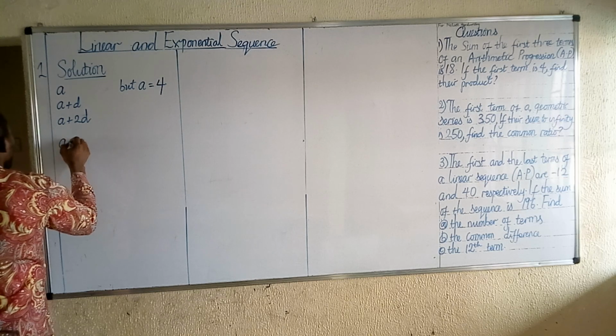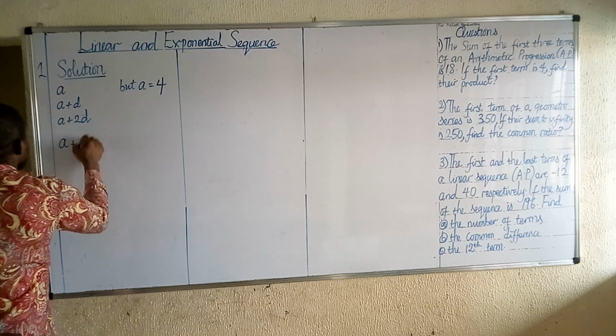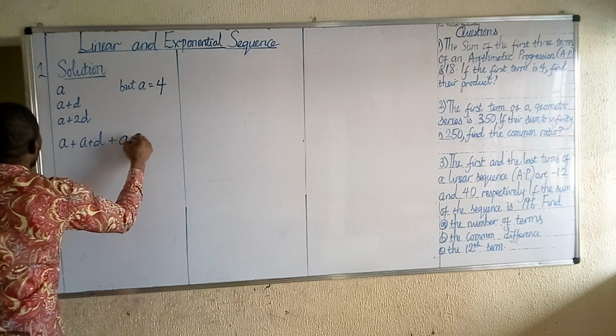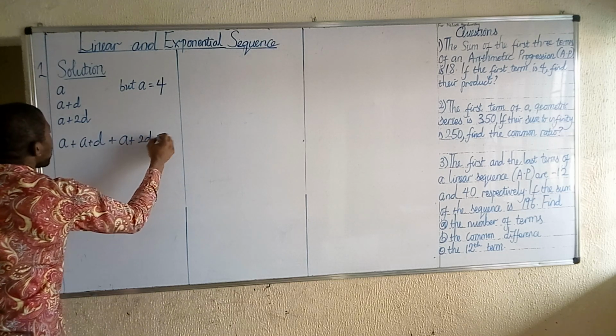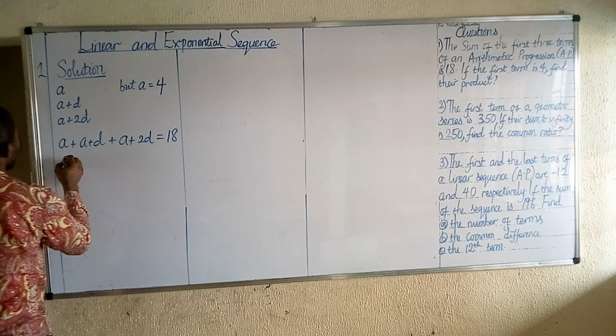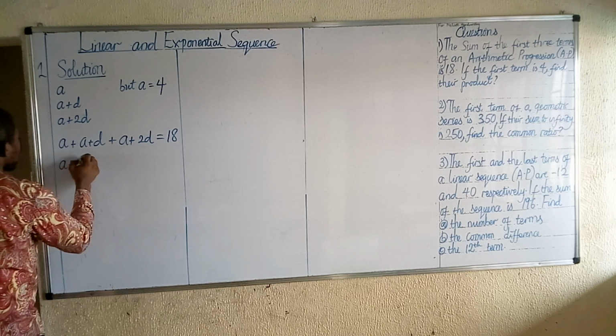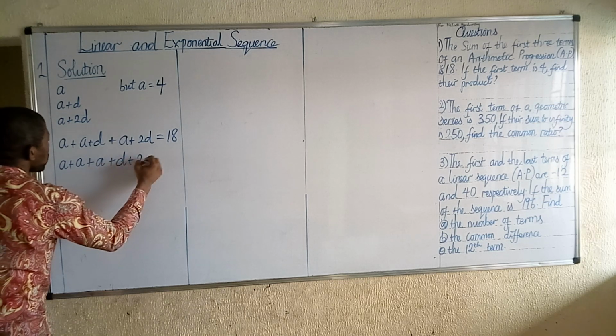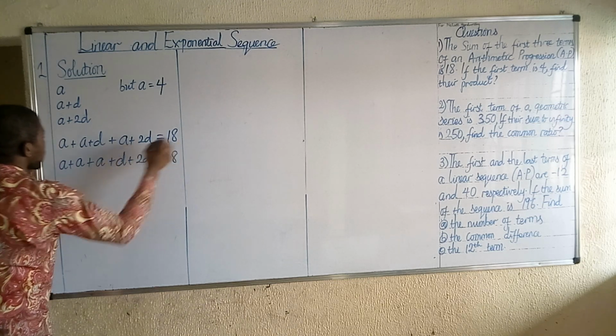We have A plus A plus D plus the third one, A plus 2D, all giving us 18. So collect like terms: A plus A plus A, plus D plus 2D, equal to 18.